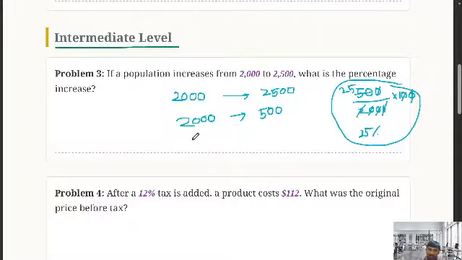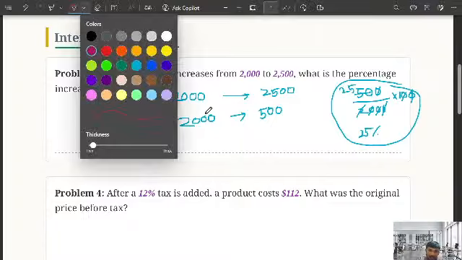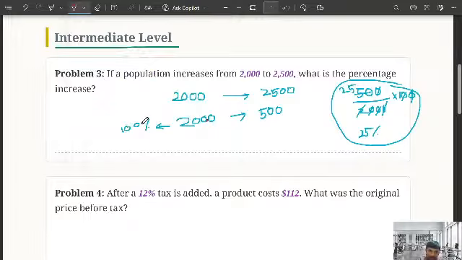10% means this is 100%. You can say, here I am writing it. This is 2000 means 100%. So do a point here, so you have to move both sides.